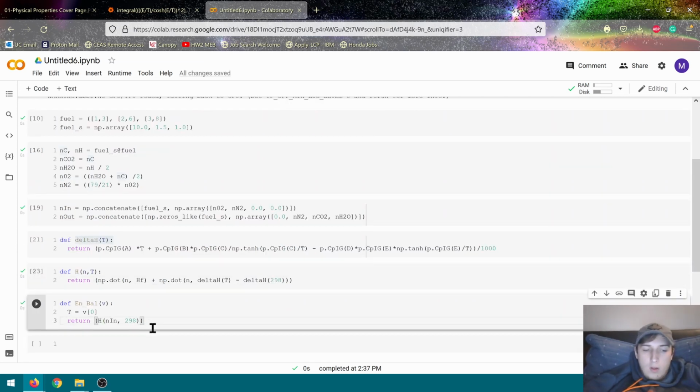And that looks good, so now we're going to subtract H, same thing, except now we're going to define it as our number of moles out and T out, which is simply T.